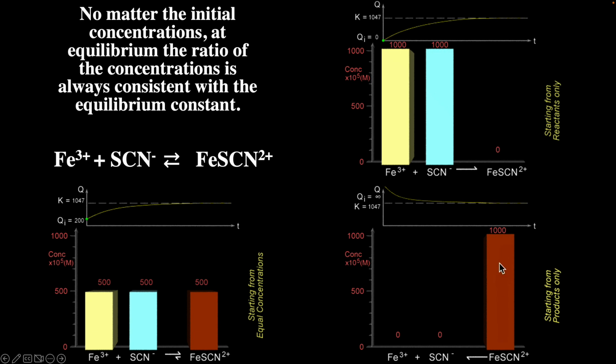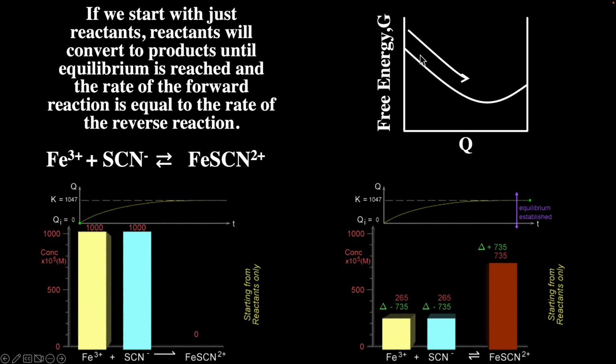If we start with just products, Q is going to start at infinite. And then as the reaction proceeds, Q goes down until eventually Q equals K. If we start with equal concentration of all three, eventually it still gets to equilibrium. And so again, no matter where you start on this curve, we'll always get to equilibrium.